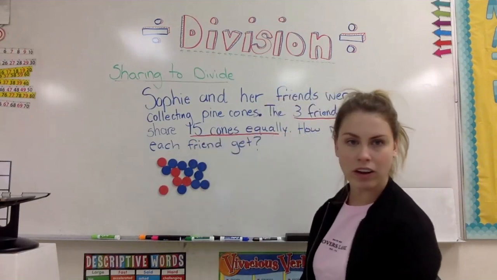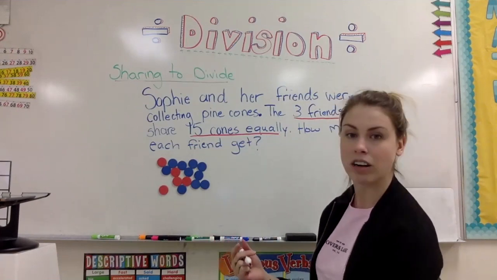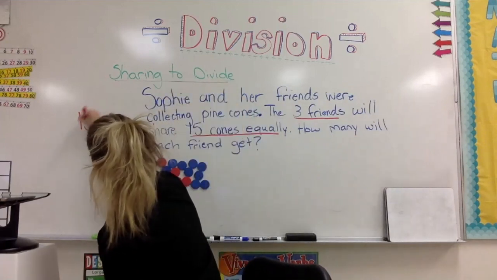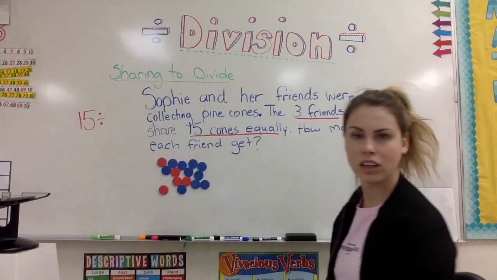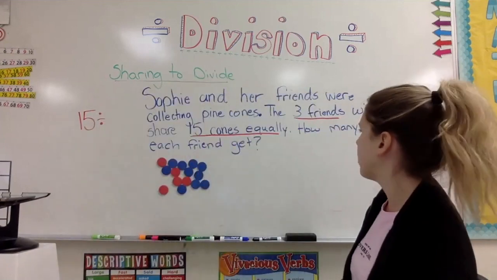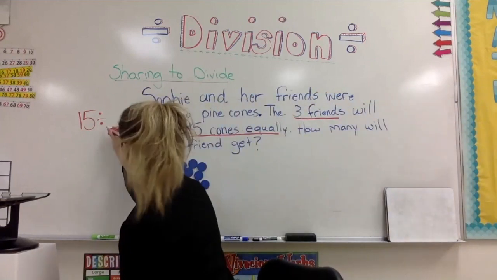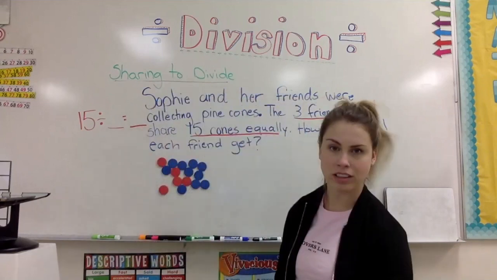We need to know that because that's our big altogether number. That's the number that's going to start our division sentence. And then how many will each friend get? To finish our division sentence, we need this number and we need the answer, our quotient.